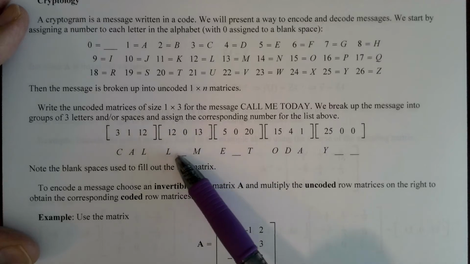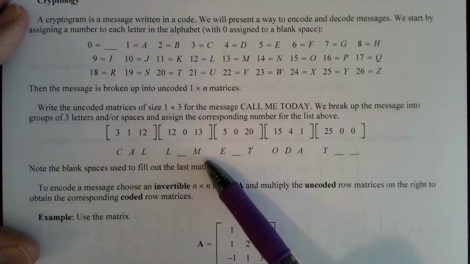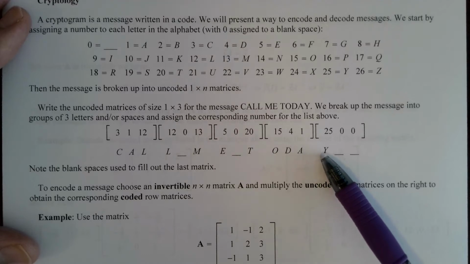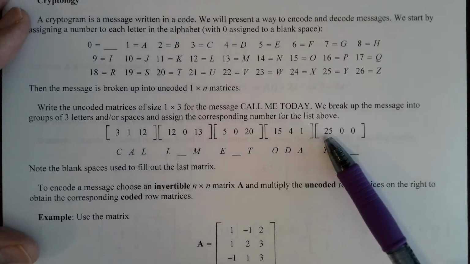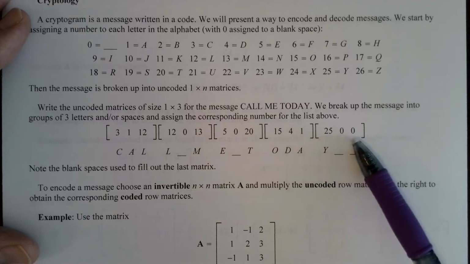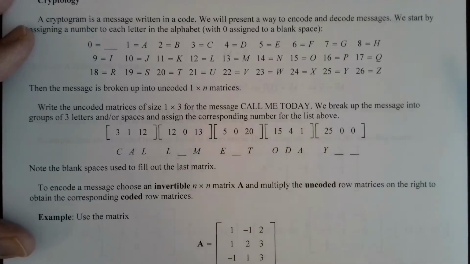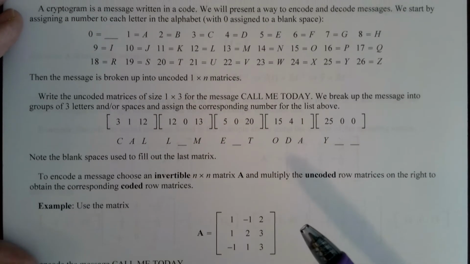So L is 12, space is 0, M is 13, and so on. Hopefully you understand that process. So we do that. Notice at the end we end with just a Y, and we need to complete that 1 by 3 matrix, so we just tag on two spaces at the end, so you can tag on zeros at the end.